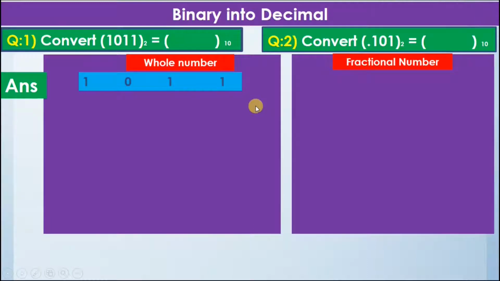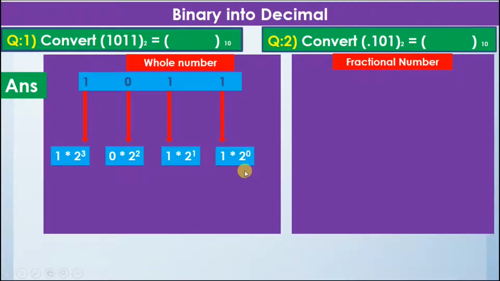So let's solve it. First of all, we will take the digit 1 and multiply it by 2 raised to power 0. Then we take the next digit, that is 1, and multiply it by 2 raised to power 1. The next digit, that is 0, we multiply by 2 raised to power 2, and the last digit, that is 1, we multiply by 2 raised to power 3.